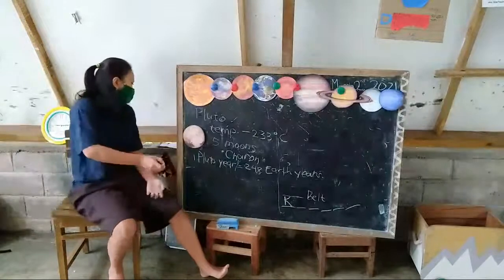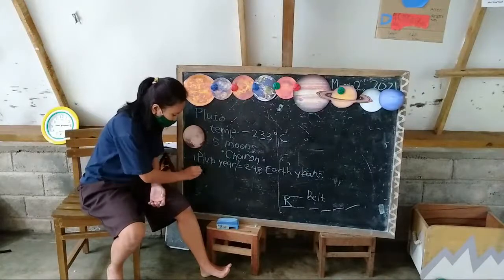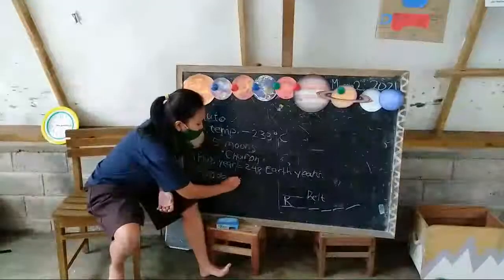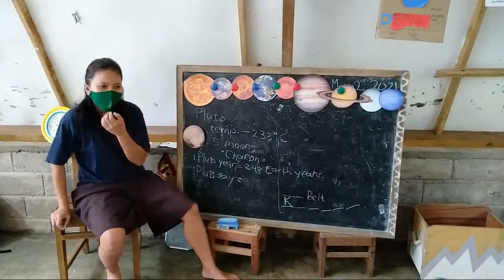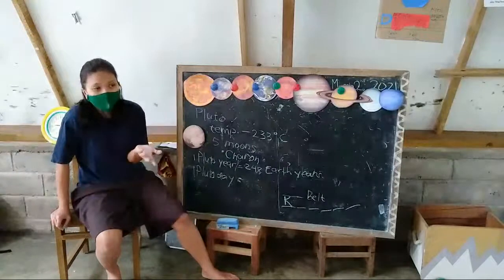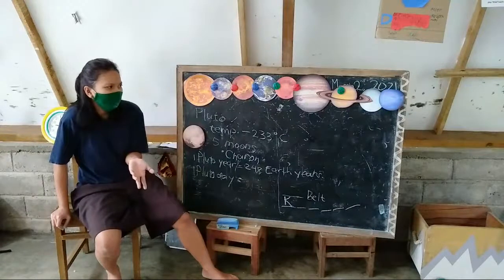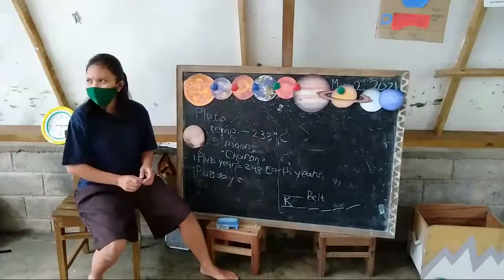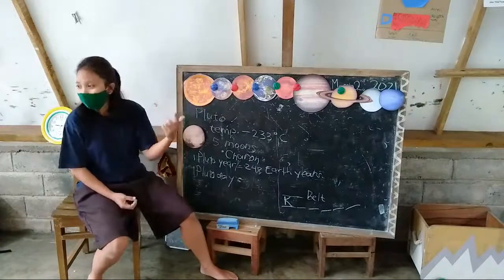Okay. And what about 1 Pluto day? It is not that fast, but it is quite long. But Saturn is the longest? I don't think so. Saturn moves so fast, rotates so fast.